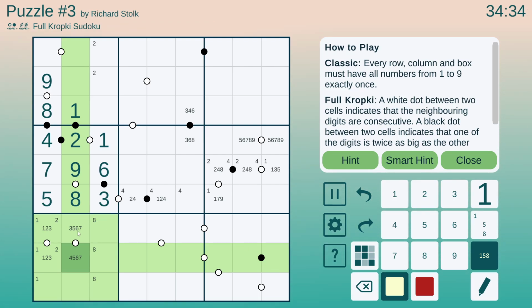If this were a 3, I feel like it would be pretty unlikely. If this were a 3, it would force this to be a 1, 2 pair. It seems fine, actually. 3, 4, 1, 2.